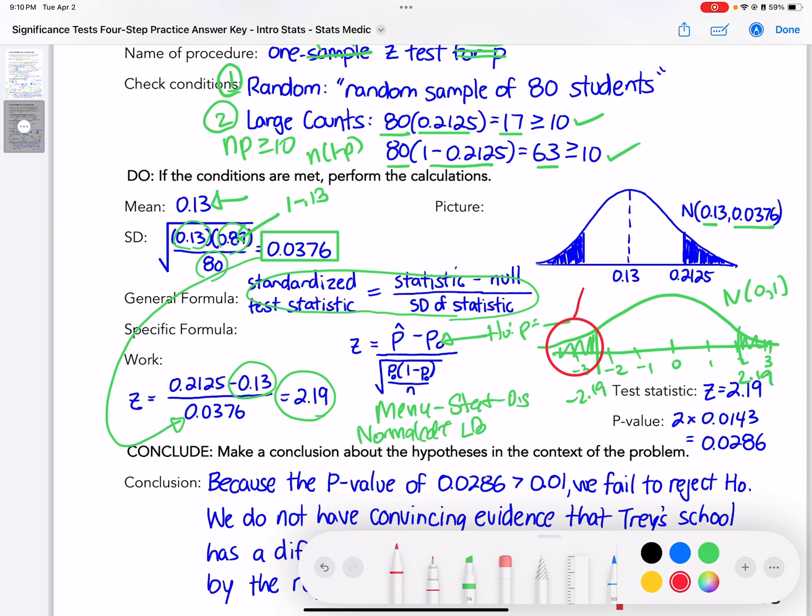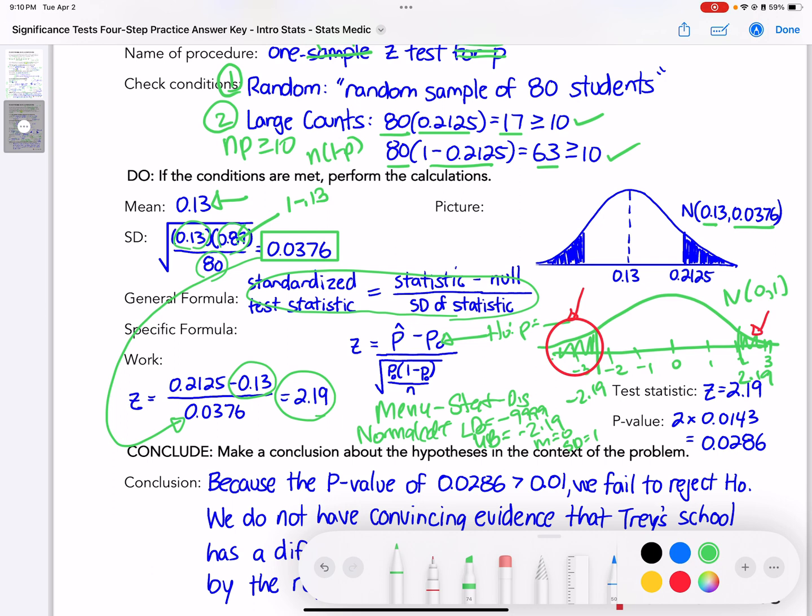But this is going to be the same as this, so then I'll just write it down on both. Lower bound, I'm just going to do this left side, it's going to be negative infinity. Upper bound is going to be negative 2.19. The mean is 0, and the standard deviation is 1.